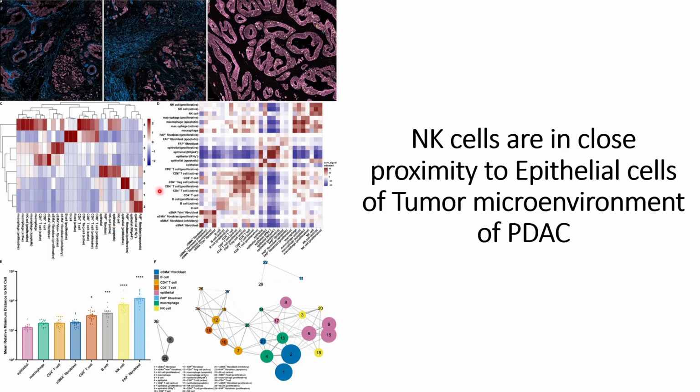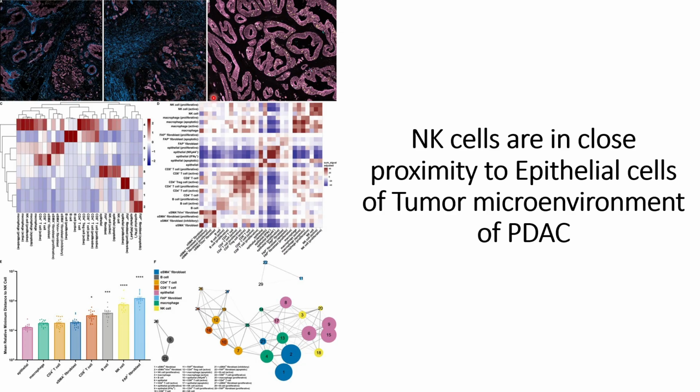This is what they found, and when they checked these three clusters, they were able to see that the NK cell populations are higher in those cases compared to the corresponding CD4 plus and CD8 plus cells. So from this it indicates that the NK cells seem to be more important, and they are found in close proximity to the epithelial cells.